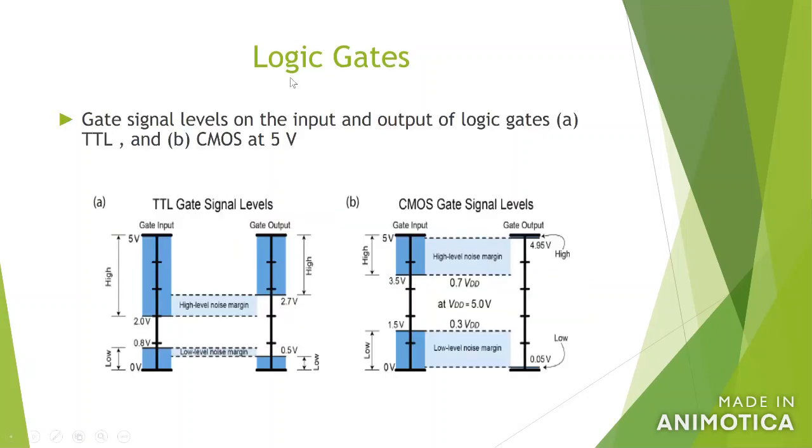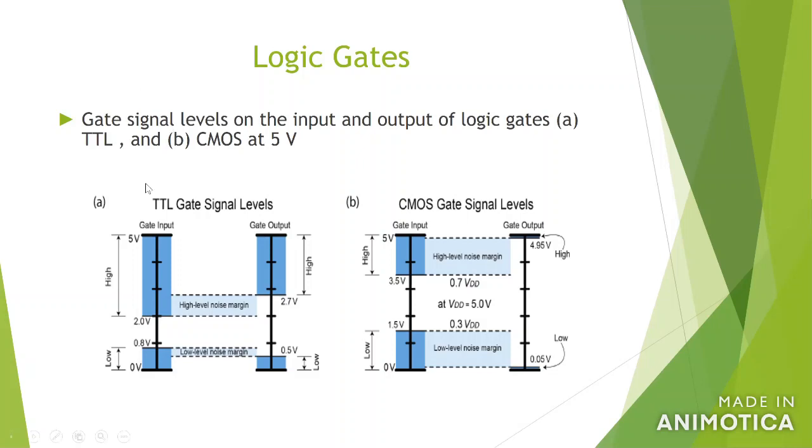For logic gates, there are different kinds of logic gates. You may have TTL, you may have CMOS. TTL and CMOS have different meanings for logic 1 and logic 0. That means when you build your circuit, if you use different logic gates, you have to make sure that they can understand each other.